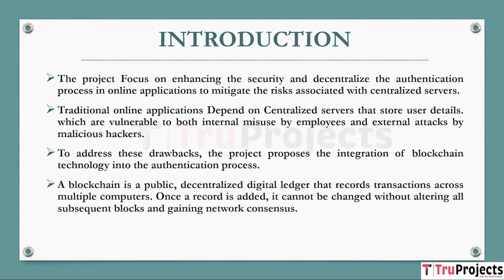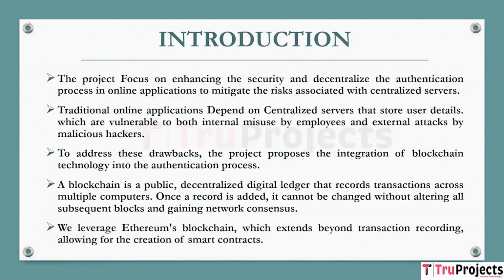A blockchain is a decentralized, distributed, and public digital ledger that is used to record transactions across many computers so that the record cannot be altered without the alteration of all subsequent blocks and the consensus of the network. Various blockchain types like Ethereum, Bitcoin, Stellar, and Ripple exist, each with distinct features, governance models, and use cases.